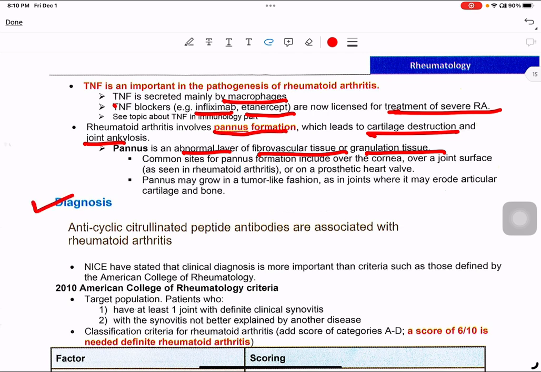So how is it diagnosed? There are some diagnostic criteria as per the American College of Rheumatology, but it is strongly associated with anti-CCP, that is anti-cyclic citrullinated peptide, which is very specific for the diagnosis of rheumatoid arthritis.